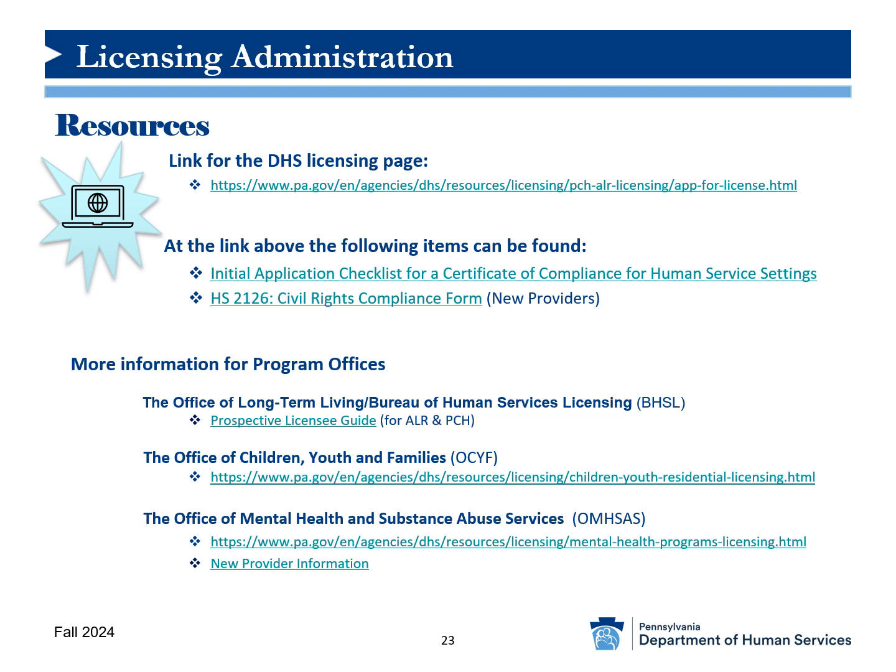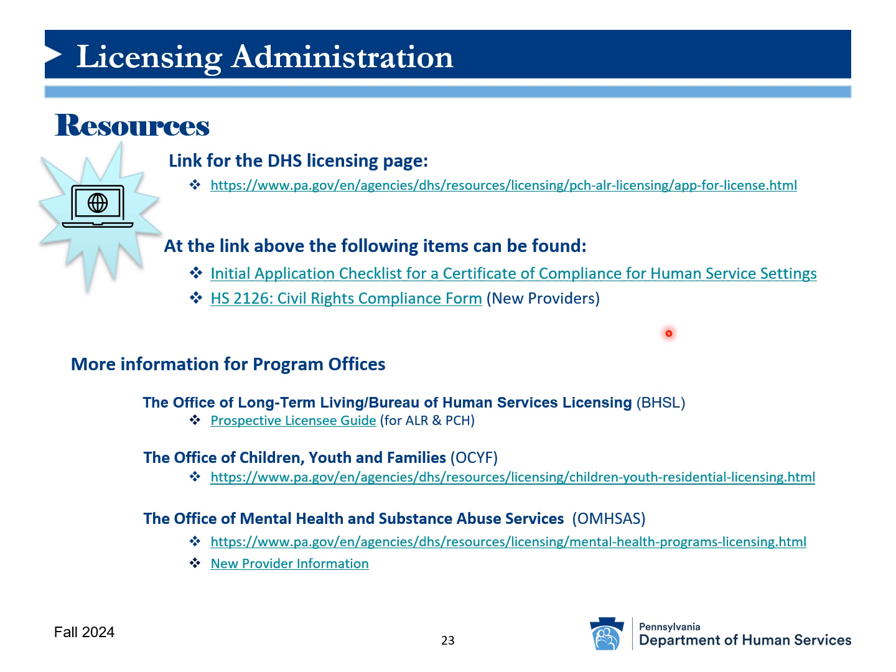On this page, there are some links that are helpful. We have the link for the DHS licensing page. And on that page, you will find the initial application checklist for a certificate of compliance for human service settings, and that application will have a lot of the information that was discussed in this slide presentation.